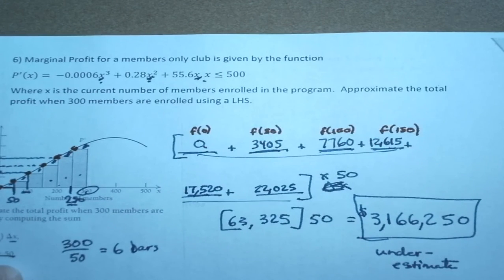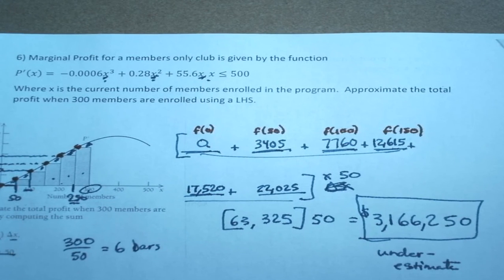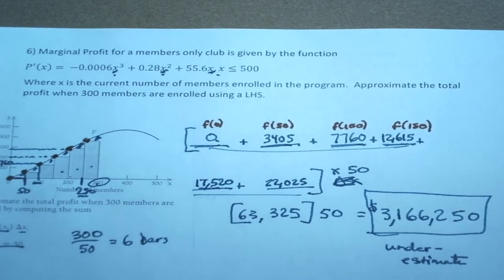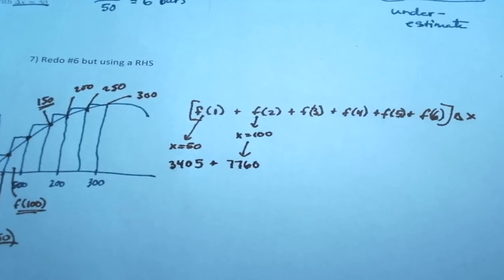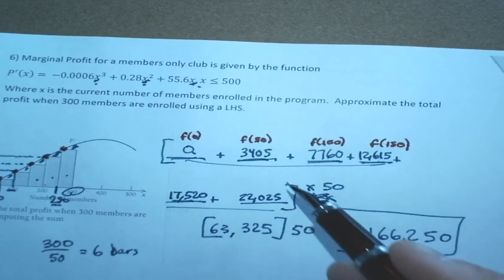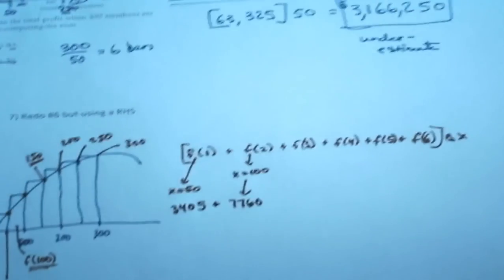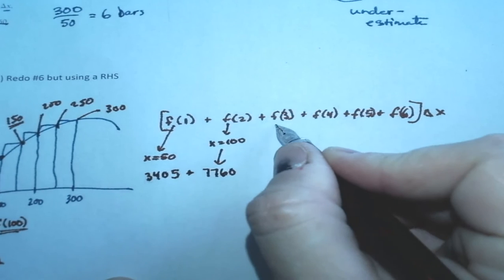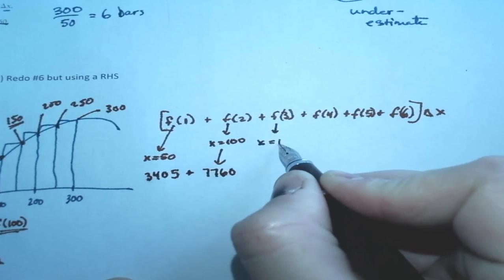So this will be 3405 plus, this will be x equals 100, and that'll be 7760. Again, I'm plugging into this equation here. Our third value will be x equals 150.